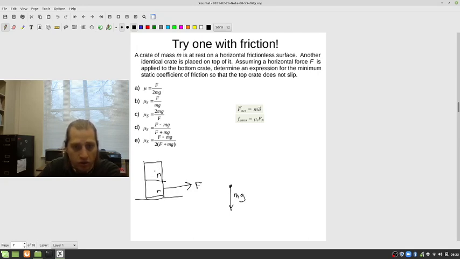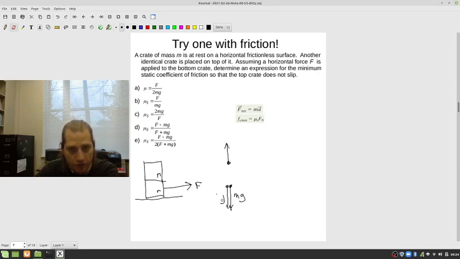There's also the force pushing down from the top block, which is also going to be mg.